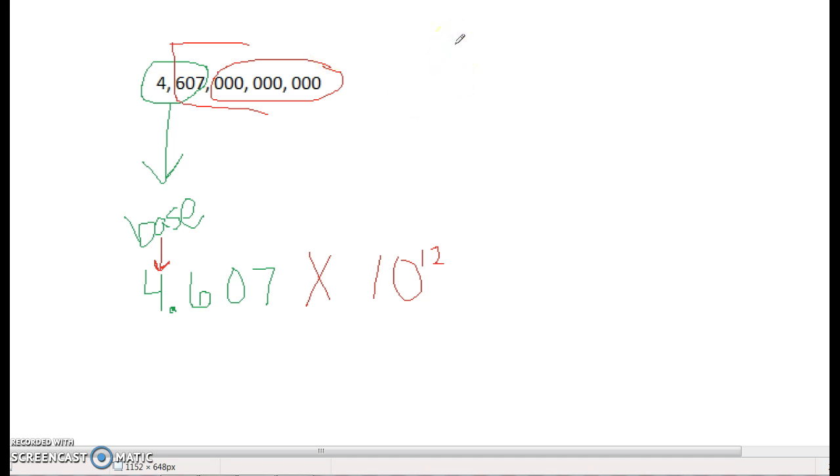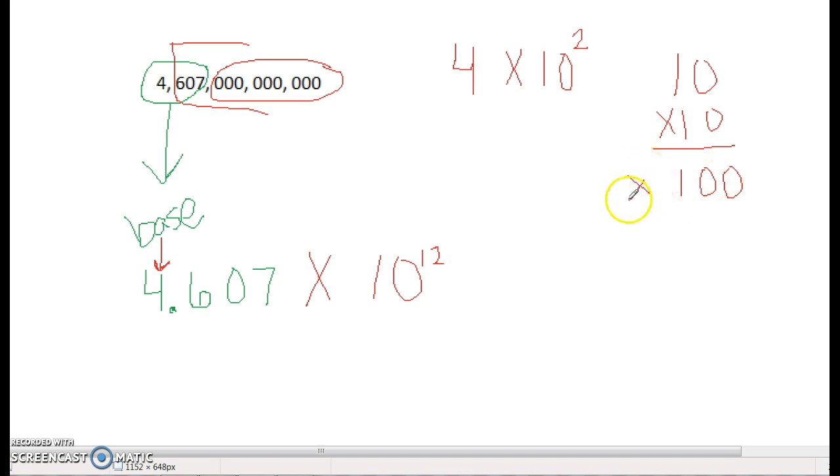Now, I'm going to give you a number that's written in scientific notation, and I'm going to tell you what it would be in real numbers or in standard format, okay? 4 times 10 squared. 10 squared is 10 times 10, which is 100. If you don't know it, do it on your calculator. Then we can take that 100 and multiply it by 4, and 4 times 100 gives us 400, okay?